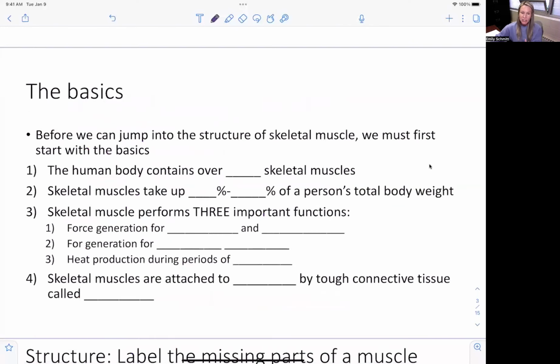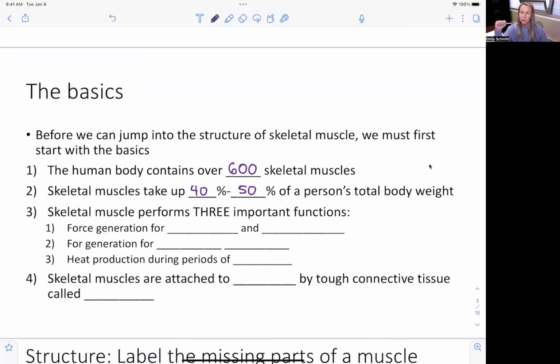Just really quickly, if you haven't had anatomy or need a quick review, we know that the human body contains over 600 skeletal muscles, and skeletal muscles take up about 40 to 50% of a person's total body weight.